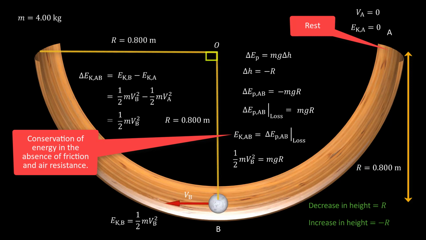Another way of writing this is to say delta EK AB, which is the increase in kinetic energy from point A to point B, plus delta EP AB, which is the increase in gravitational potential energy from point A to point B, is equal to 0.